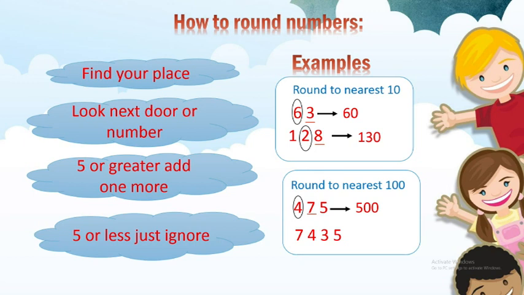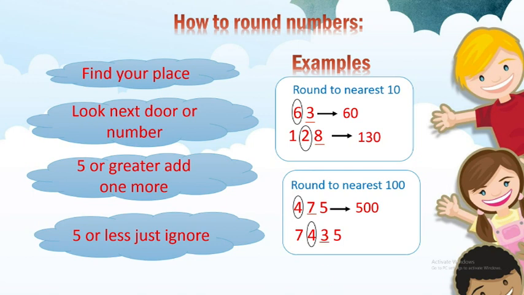7435. Students, in this number, which number is the place value of 100? Very good, 4. So you have to circle 4. And which number is the next number to the right? Very good, 3.